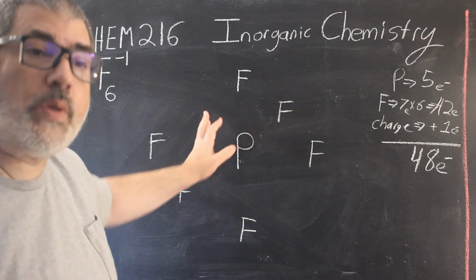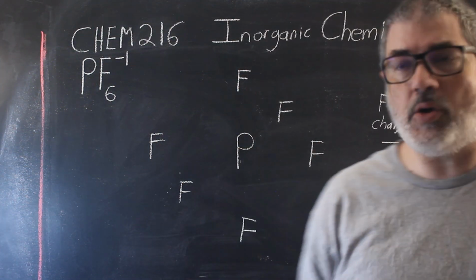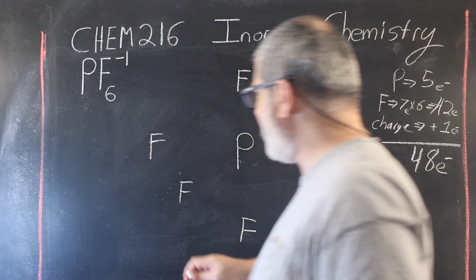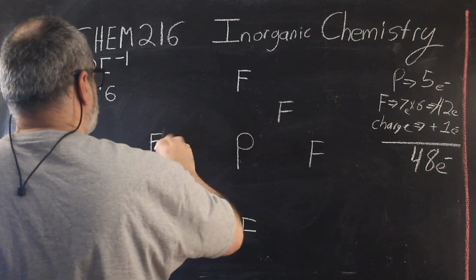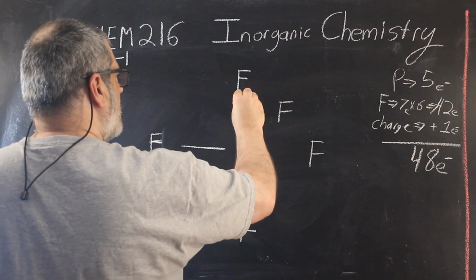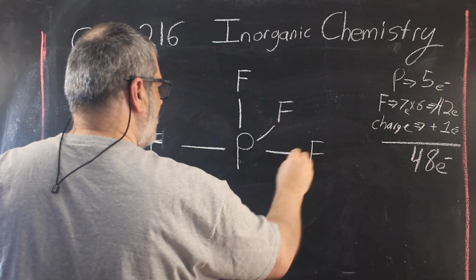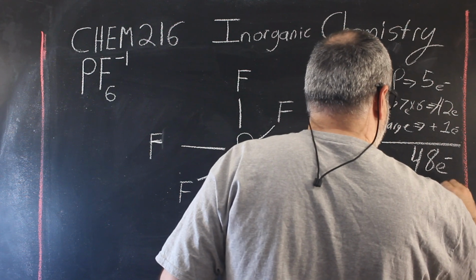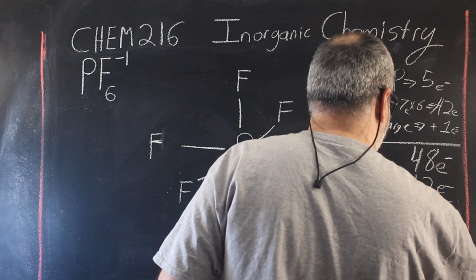Now what we need to do is put in a single bond between the phosphorus and each of the fluorine atoms. Okay, so 2, 4, 6, 8, 10, 12. So we've used 12 electrons.